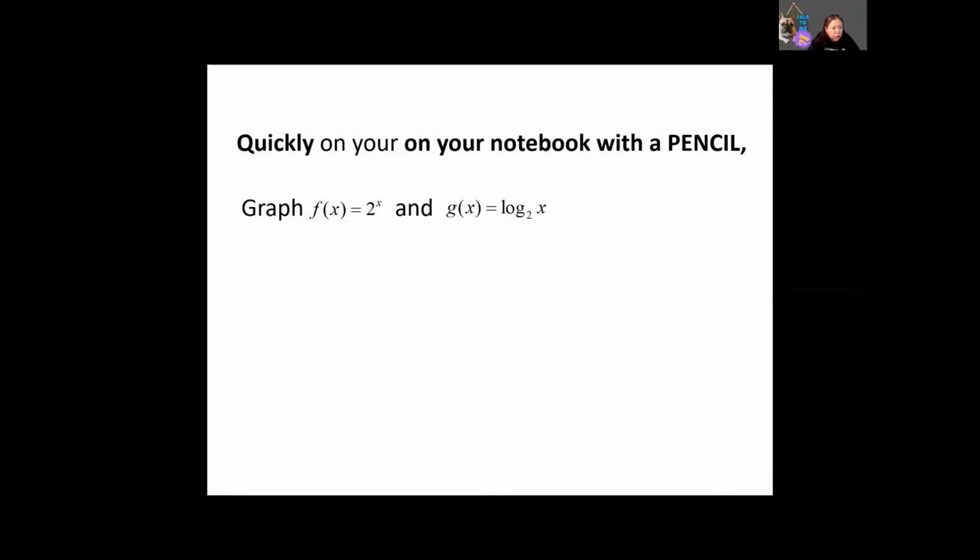Then what do you notice between these two functions? What is their relationship? Are they both like 2 exponent x? Yeah, so they are what for each other? The inverse. Exactly. They are the inverse because this is exponent base 2. This is logarithm base 2.